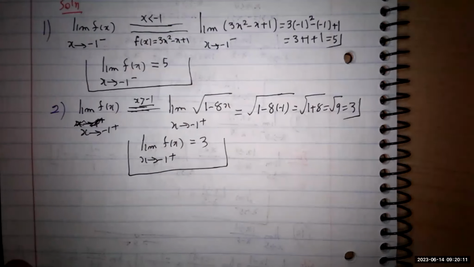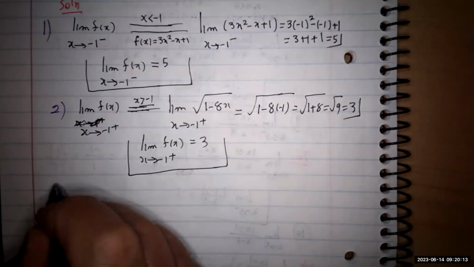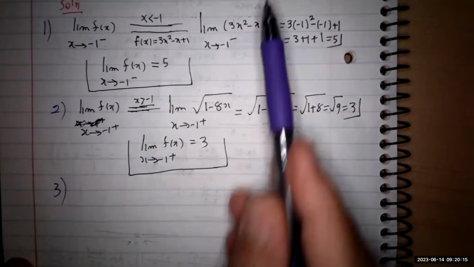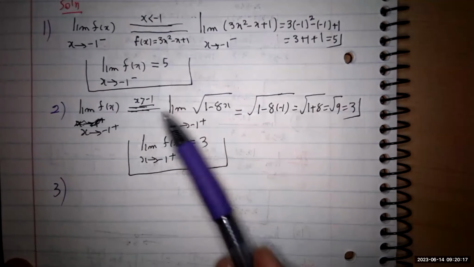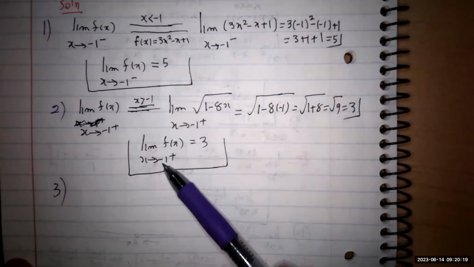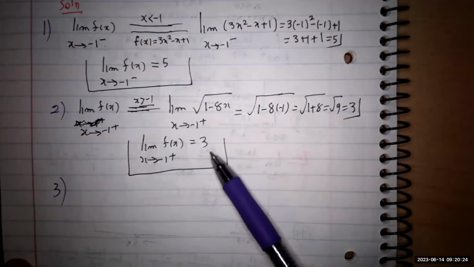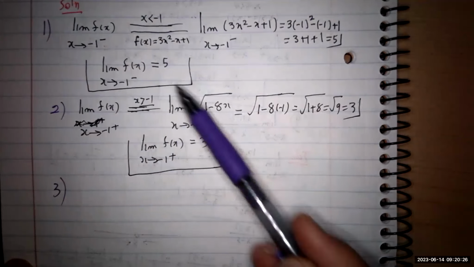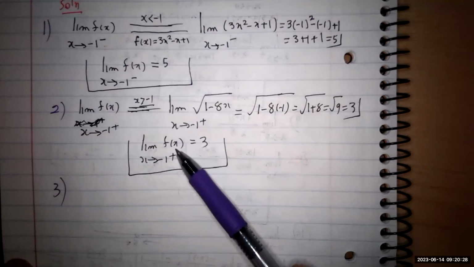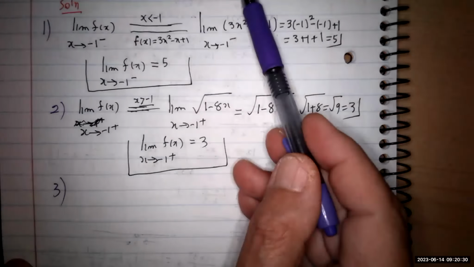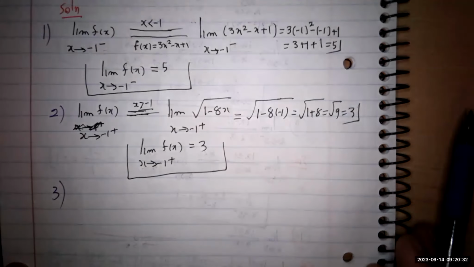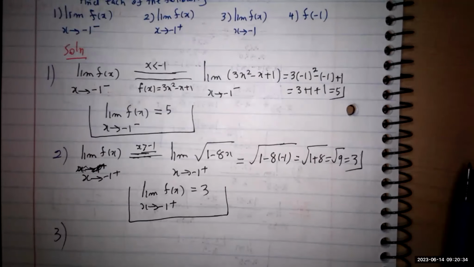Now to answer the third part, since it's a piecewise defined function, you check the right and the left limits. From the left, we get 5. From the right, we get 3. Since the right and the left limits are not the same, this means the limit of the function at -1 does not exist.